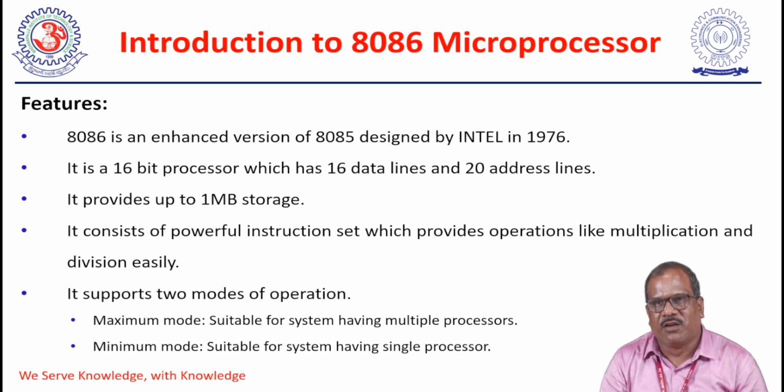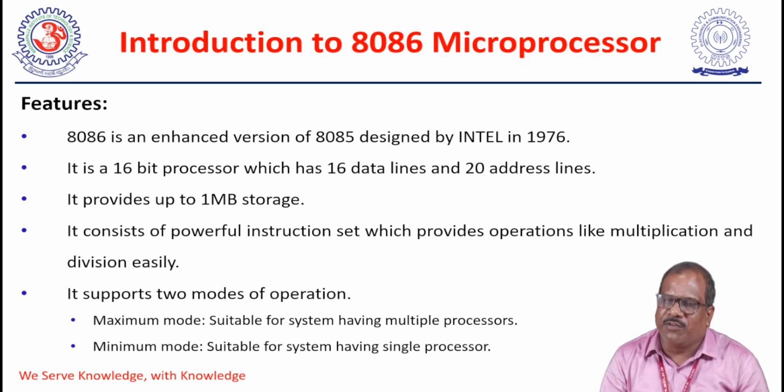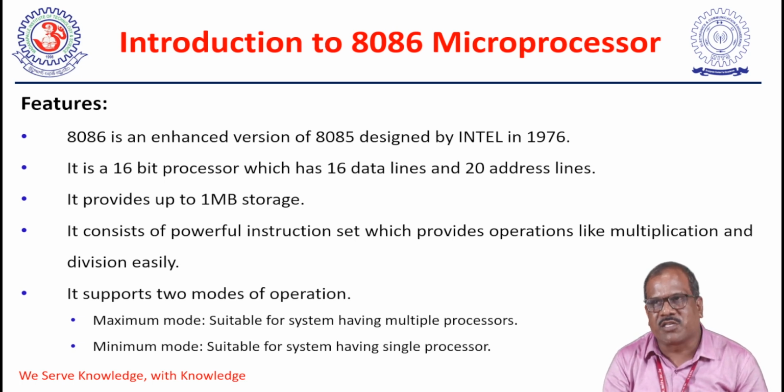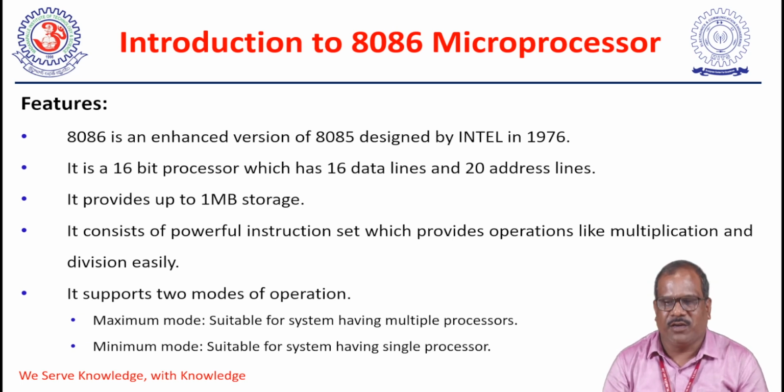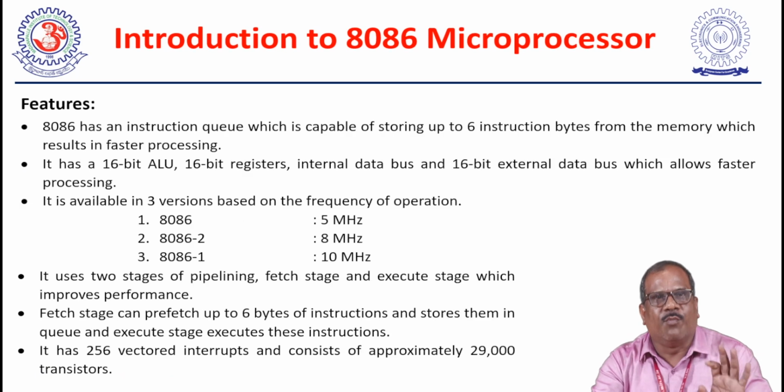When we design a product or system with the help of a single processor, the 8086 is used in minimum mode. When our system or product requires multiple processors, the 8086 can operate in maximum mode. This is how we classify the 8086 operating modes.